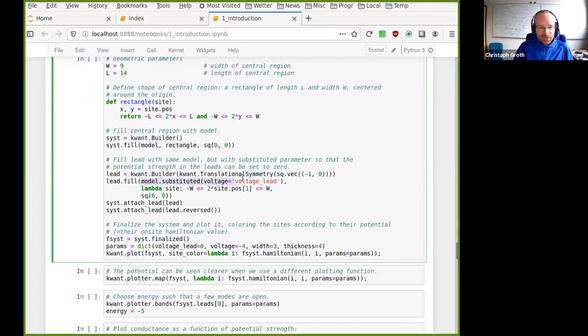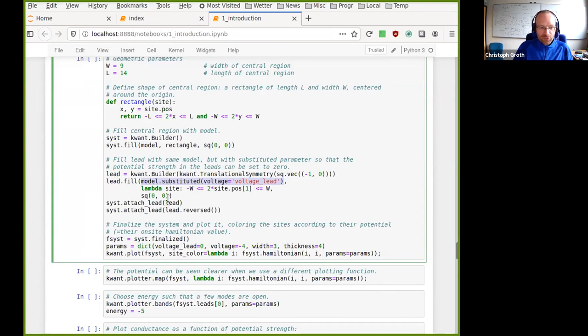So this here returns another builder, which is just like model, only that the parameter named voltage has now been named voltage_lead. So by filling the lead with this modified model, I obtain the lead.